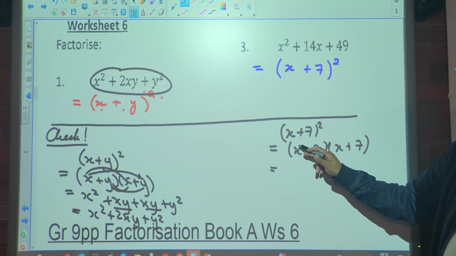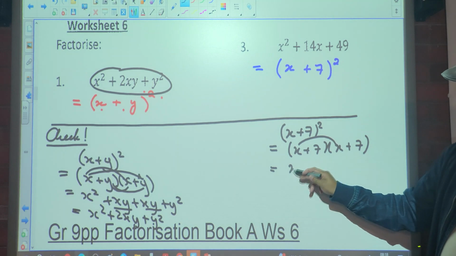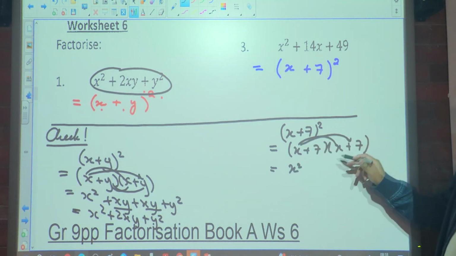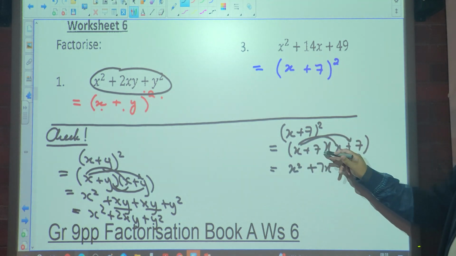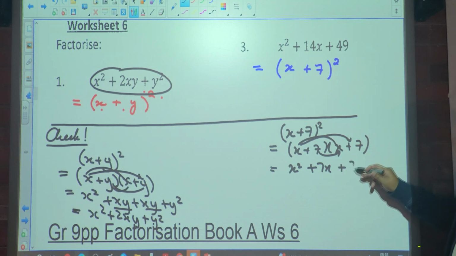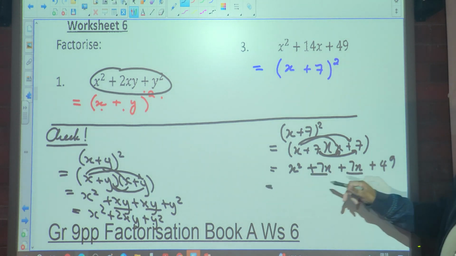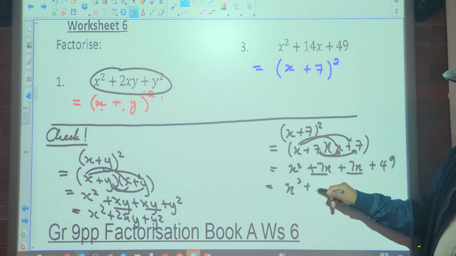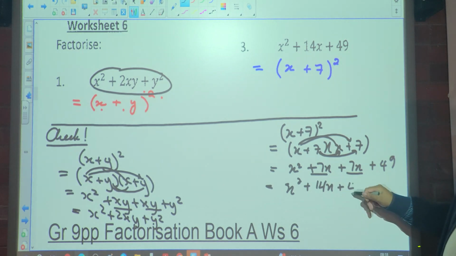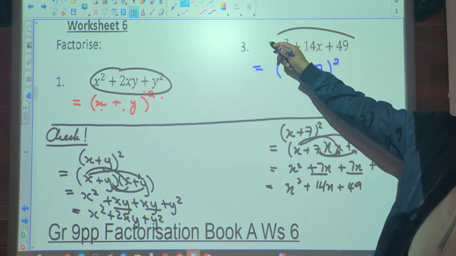So what's x times x? x squared. What's x times 7? 7x. What's 7 times x? 7x. What's 7 times 7? 49. So what's 7x plus 7x? 14x plus 49. What do you notice? The same.